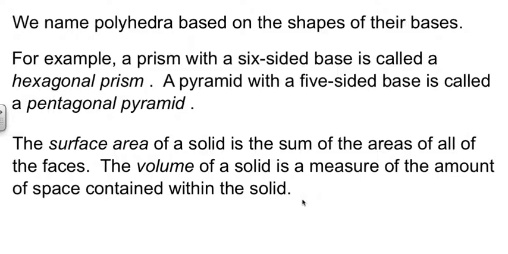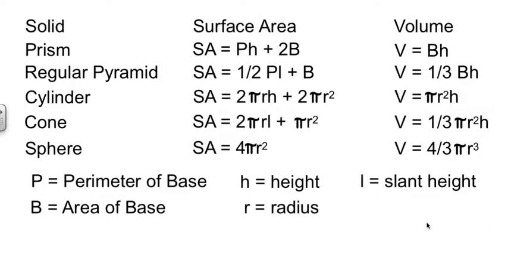Okay. On our next page here, I've got a bunch of formulas for you to find the surface area and to find the volume of the different shapes. You have these on your note sheet. I didn't make you write all these down this time, like we did with the other one. We're going to refer back to this page.